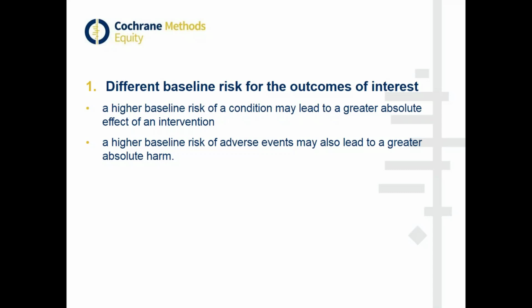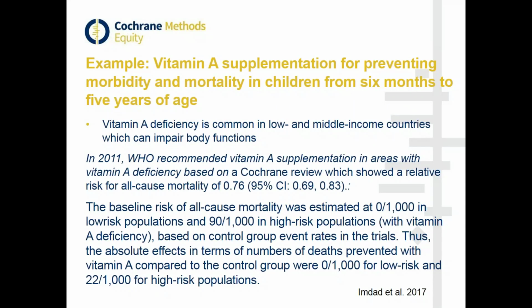So we have an example. There's a Cochrane review about vitamin A supplementation. So vitamin A deficiency is more common in low and middle income countries, and it can impair body functions. So in 2011, the WHO guidelines recommended that vitamin A supplementation is provided in areas where there's vitamin A deficiency, and that was based on a Cochrane review that showed a relative risk for all-cause mortality of 0.76.